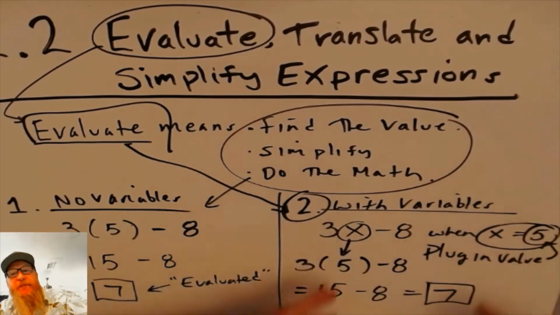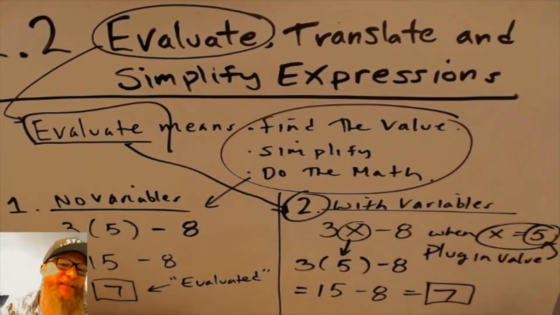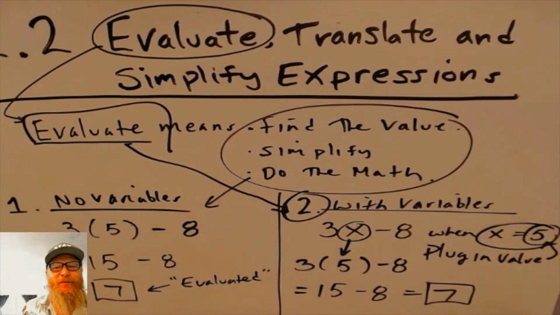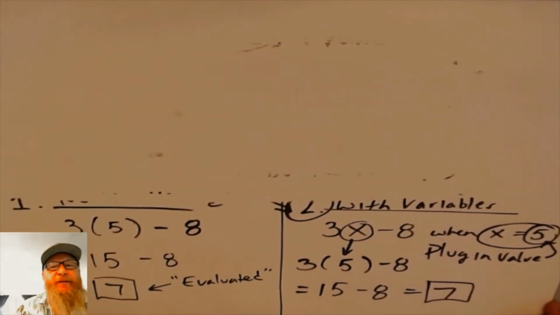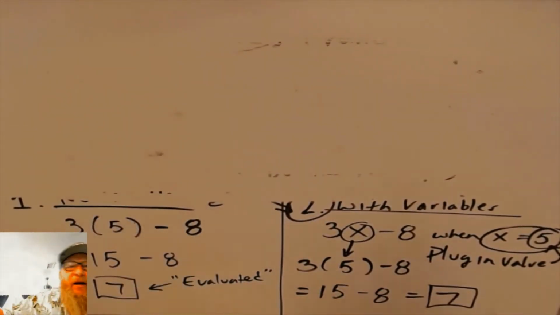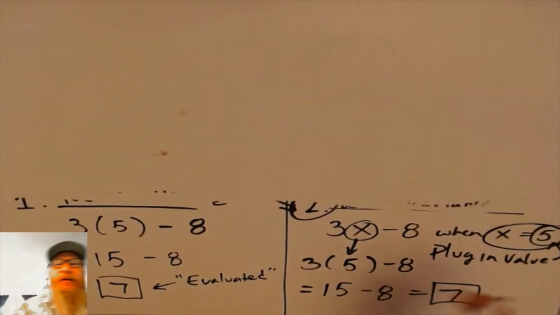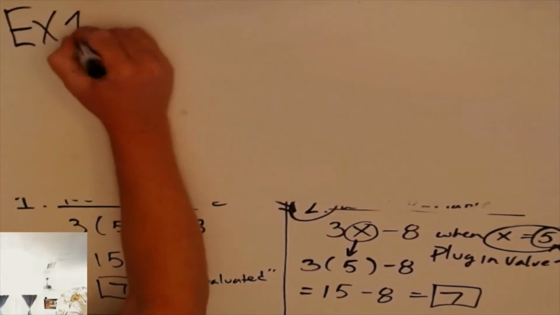And I will sometimes say evaluate when there are variables, and they mean the same thing. It's essentially the same idea. Okay. So that's pretty much what we're doing in this section. Now that I've opened up the can of worms, we could just start talking about some examples like you might see.